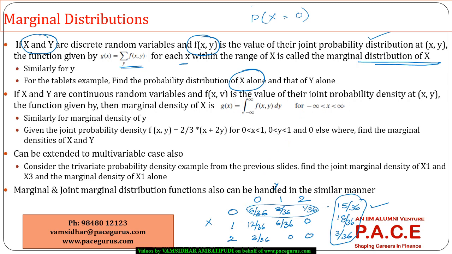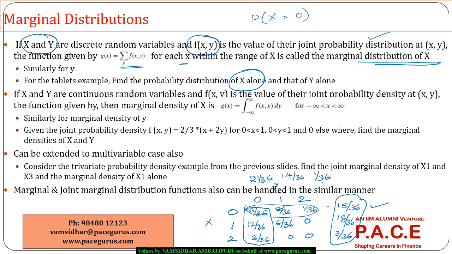Similarly, when I want to know the marginal distribution of y equal to 0, 18 plus 3, 21 by 36. Y equal to 1, it is 14 by 36. And y equal to 2, it is 1 by 36. So when we are doing column totals, we are getting the marginal distributions of y.